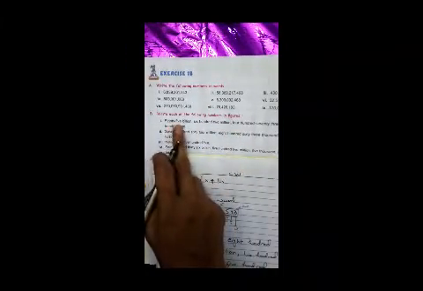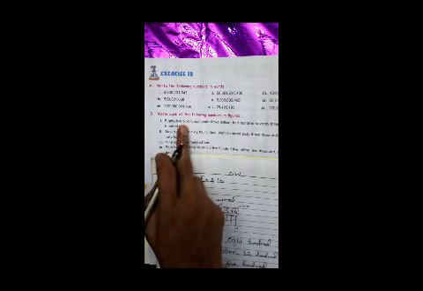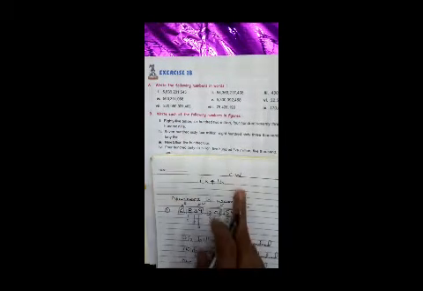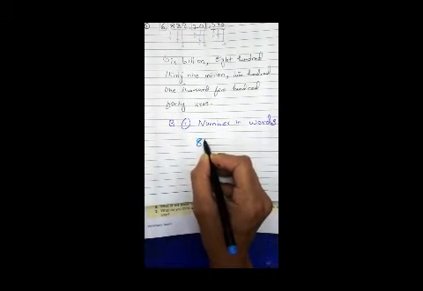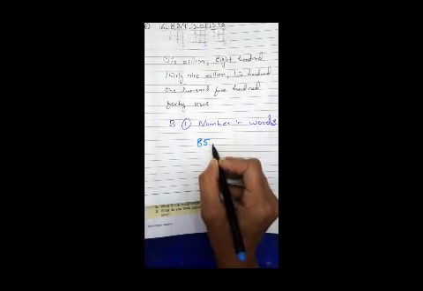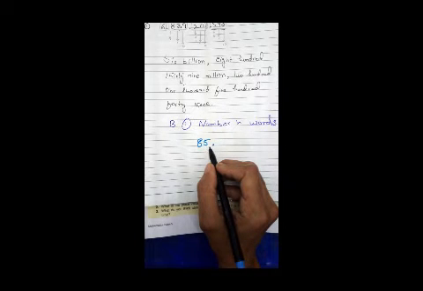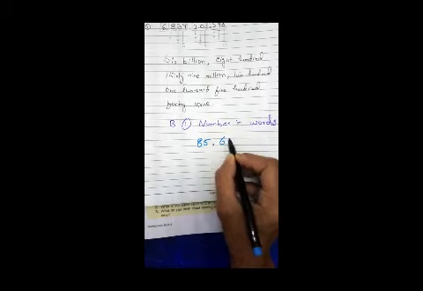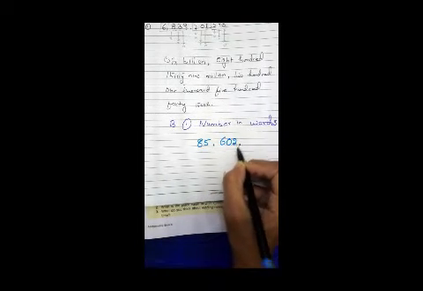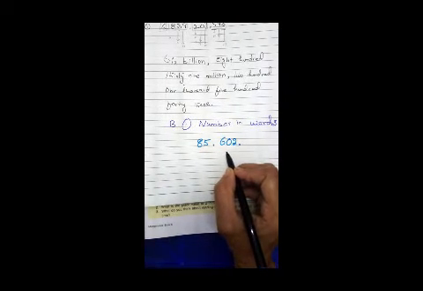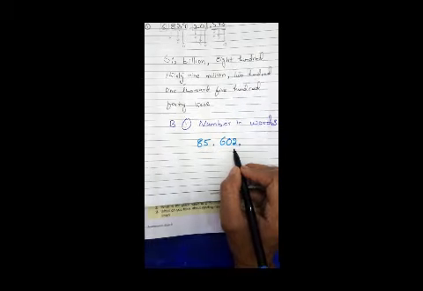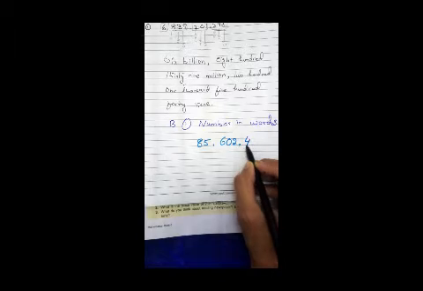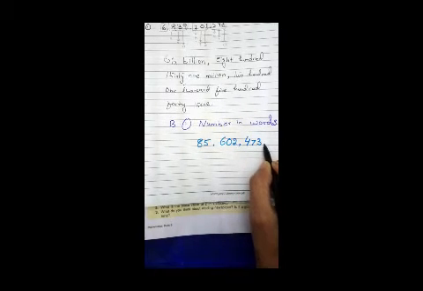So 85 billion. You start here with 85 billion, comma, 602 million. So right here 602 means 602 million. Again comma, 473,000. So right here 473,000.